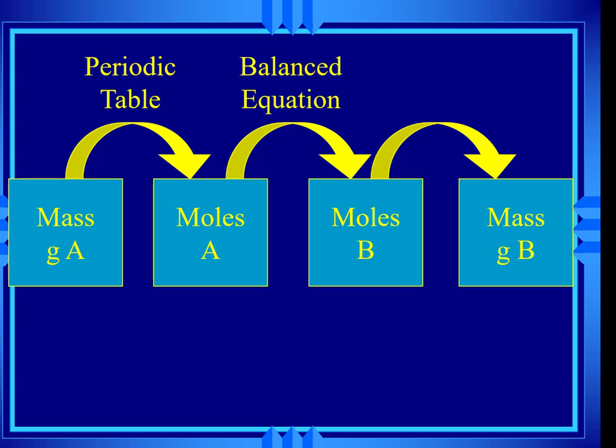And then you can take those moles of B and turn it into grams of B, getting the number off the periodic table. Now that's if they give you grams and ask for grams. If they give you moles of one reactant and ask you grams of another reactant, you'd skip the first step. If they only ask you how many moles of product you make, you don't have to do the last step.